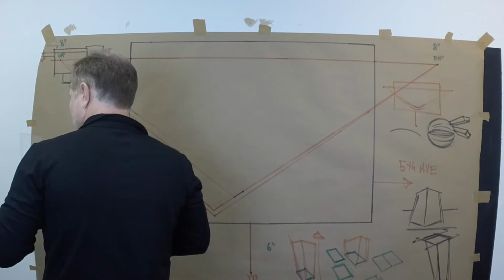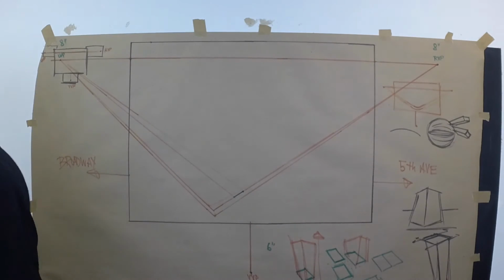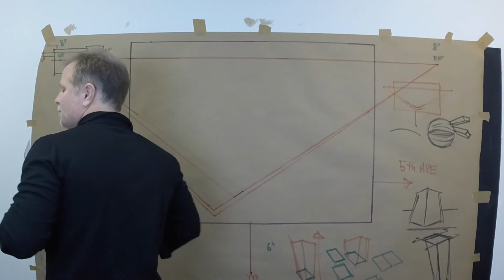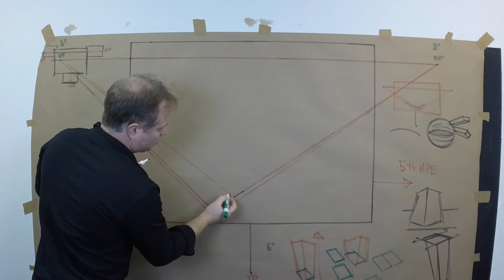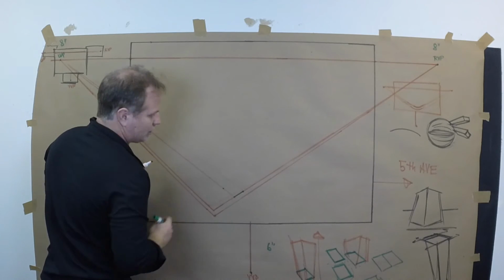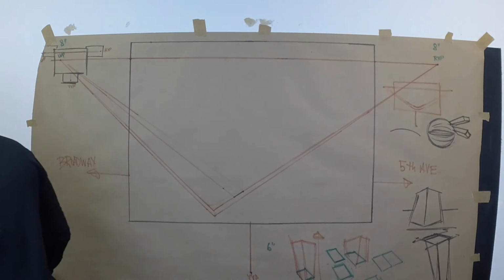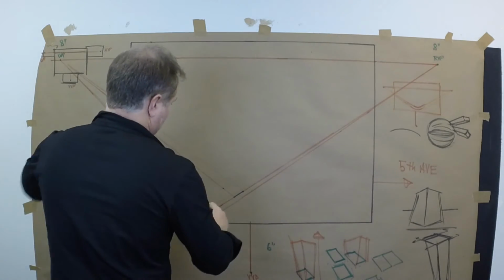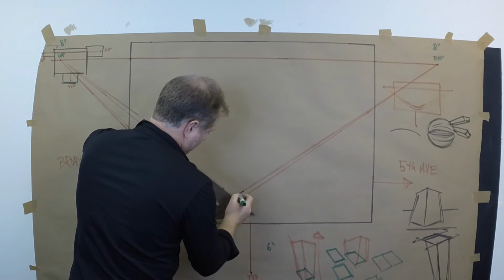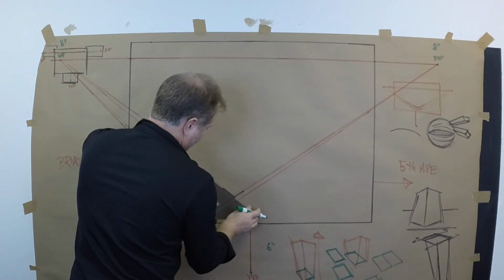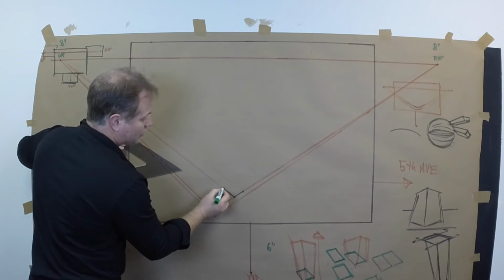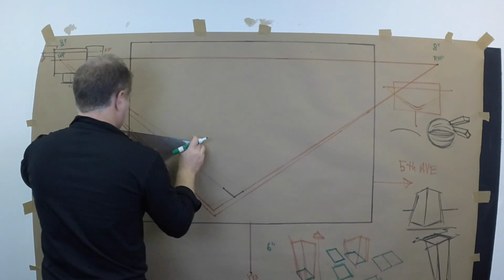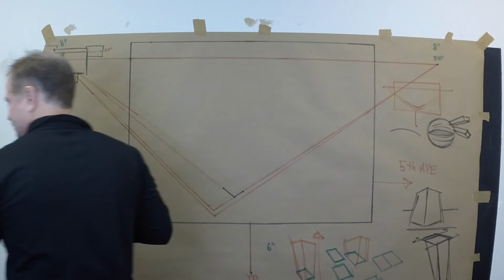So how deep do we want to make the first building? Well, let's make it about this deep in space. So I'll put a little green line there. So it'll be this deep. Here to here. And now from this point, that was arbitrary by the way, from this point let's go back to the right vanishing point.